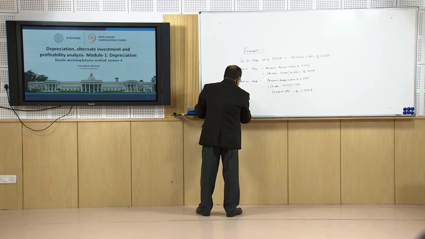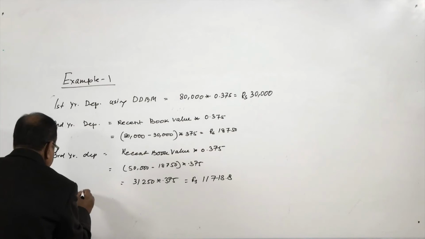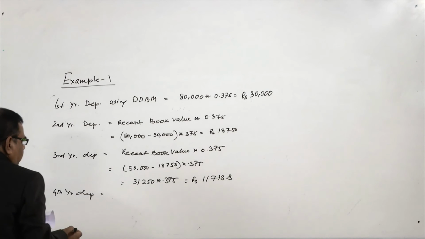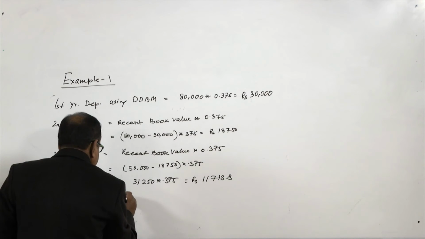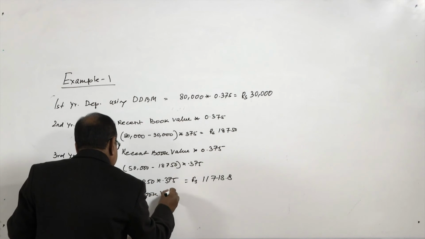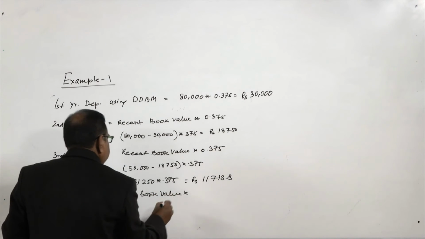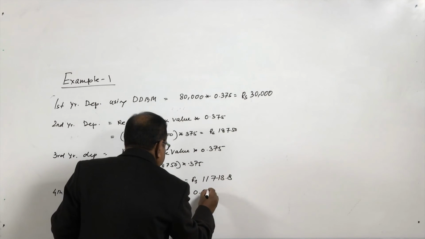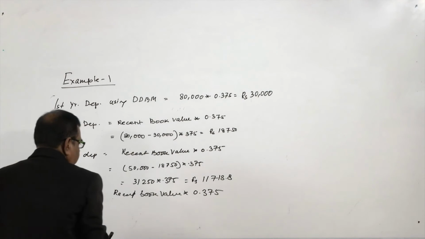Now, fourth year depreciation will be recent book value into 0.375.